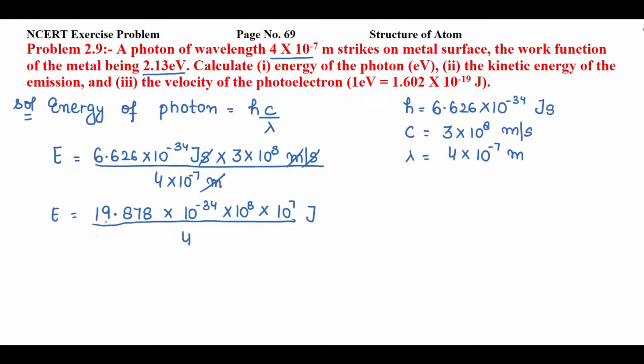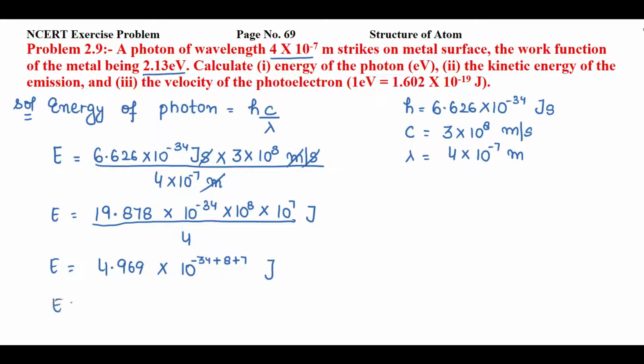So when you divide 19.878 by 4, your final answer will be 4.969 into, these powers are in multiplication, so you can simply add them: 10 raised to power minus 34 plus 8 plus 7, right?